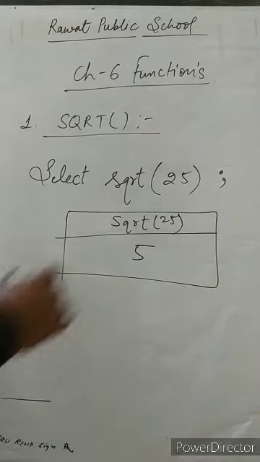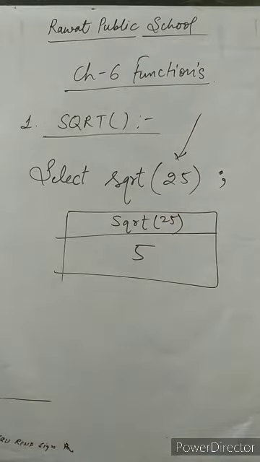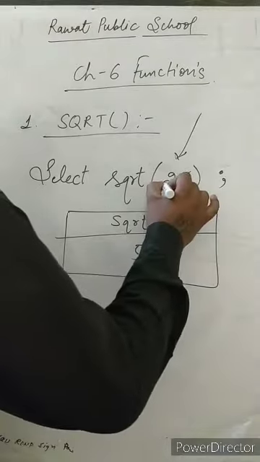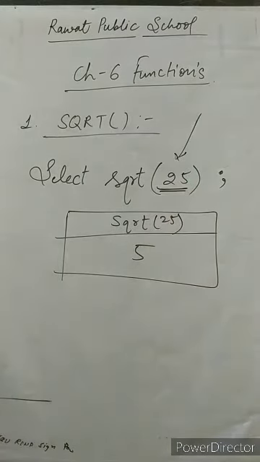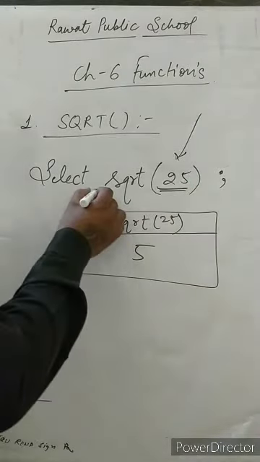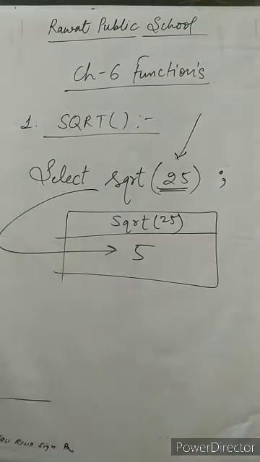If you insert a decimal value here, you will definitely get the square root of that decimal number also. Here we insert a numeric value, so we get the output as a numeric value.